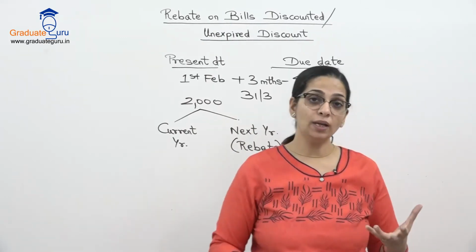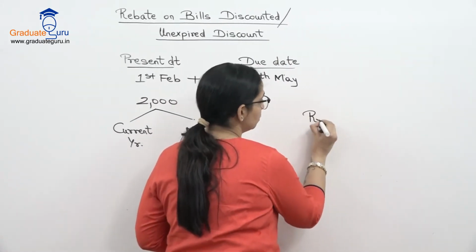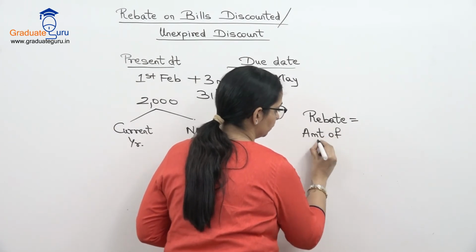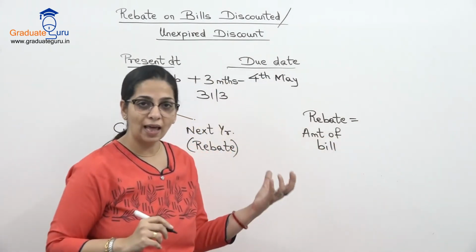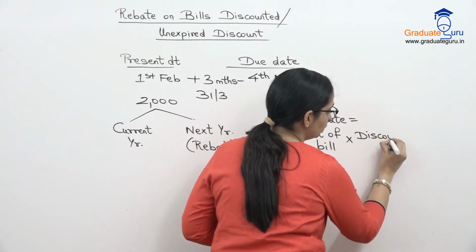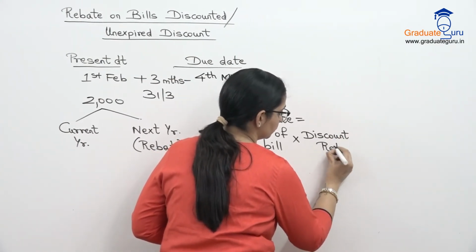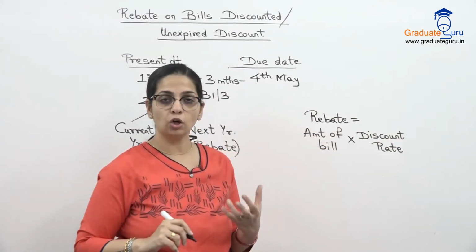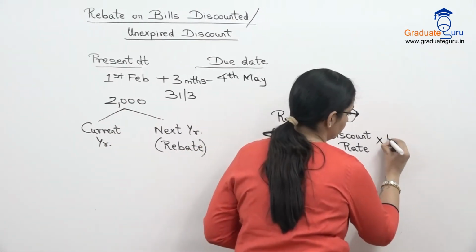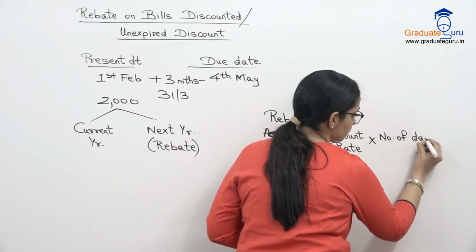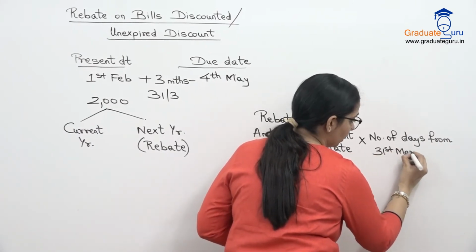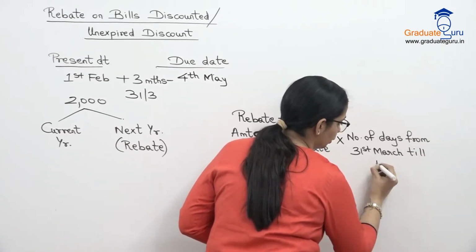Now, how do we calculate the rebate amount? So our rebate will be equal to the amount of bill, that is in our example, if I take 1 lakh as the amount of bill, so that amount of bill into the discount rate, which again will be given to you in your question as to at what rate the bill has been discounted, into the number of days from 31st March till the due date.